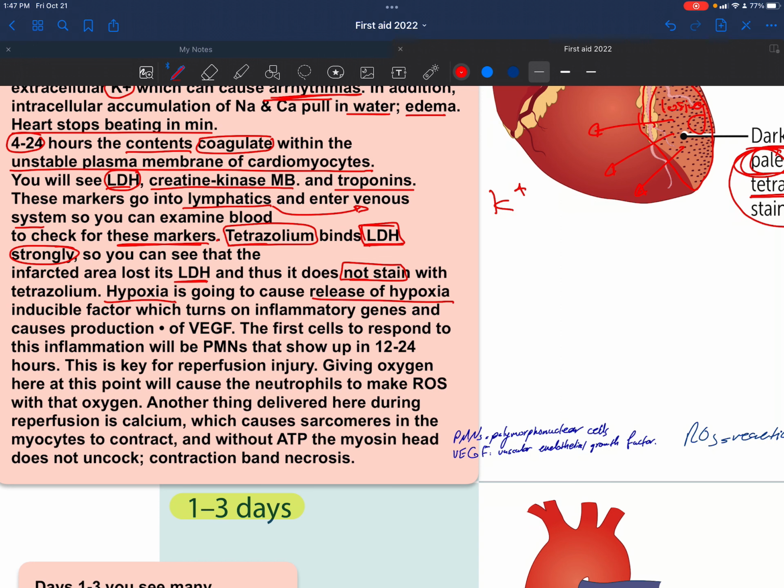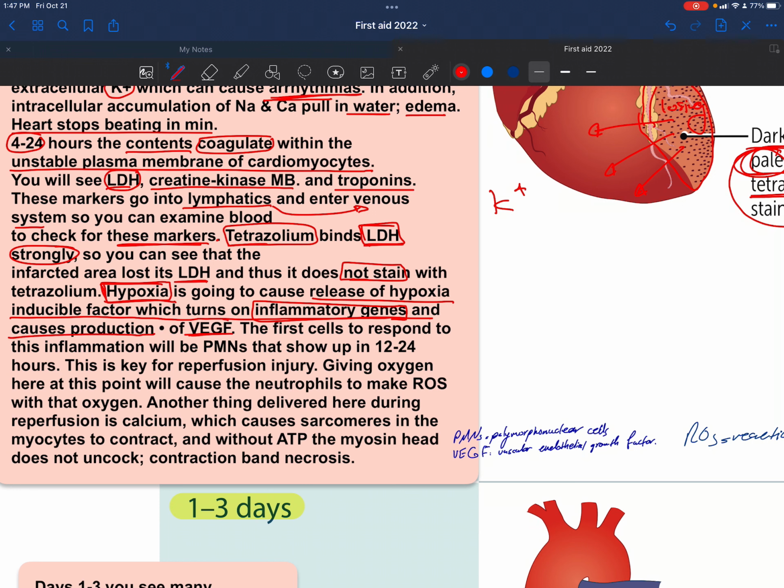The hypoxia itself is going to cause release of hypoxia-inducible factor, which turns on inflammatory genes and causes production of vascular endothelial growth factor, VEGF. Because this is a state of hypoxia, it would turn on some inflammatory genes that would start the process of inflammation.